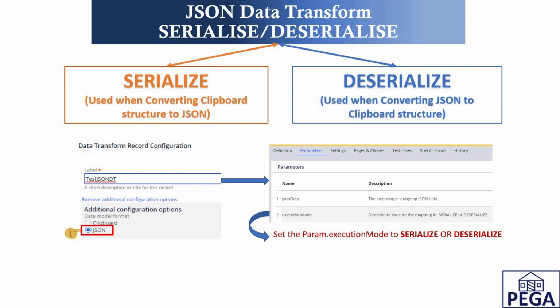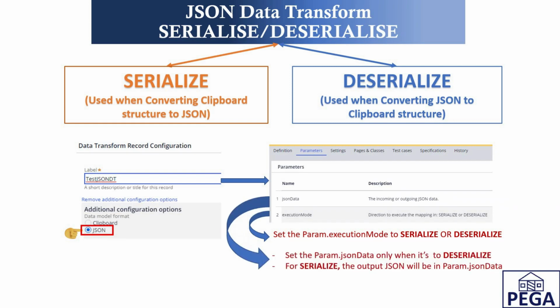You can set this execution mode either to serialize or deserialize. As you can see in the description, it is the direction to execute the mapping, serialize or deserialize. So you set it in a param before calling this data transform, and while calling it, pass this parameter.